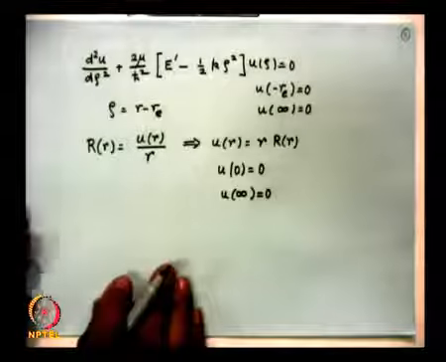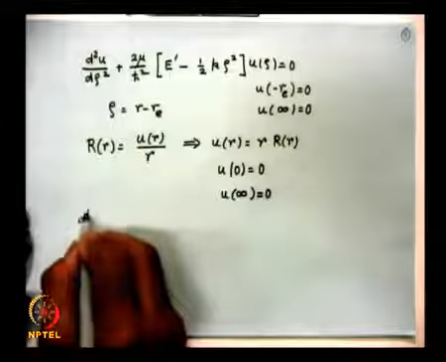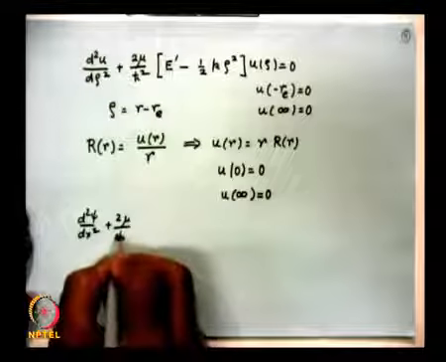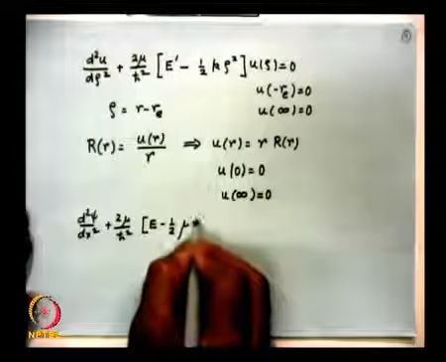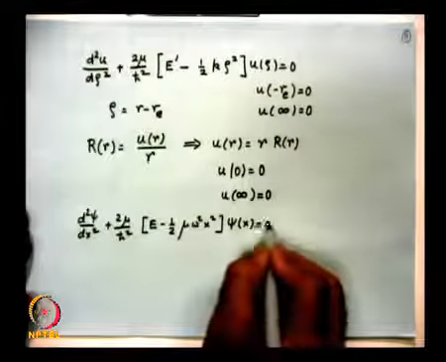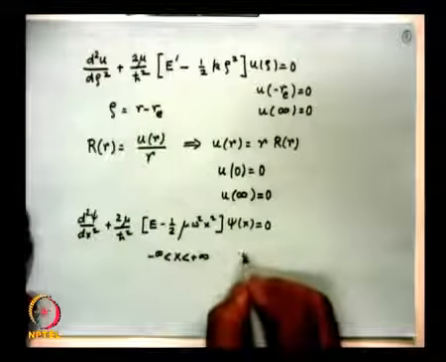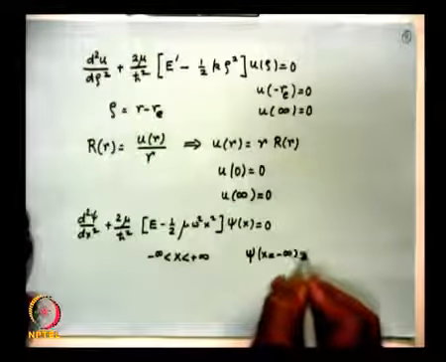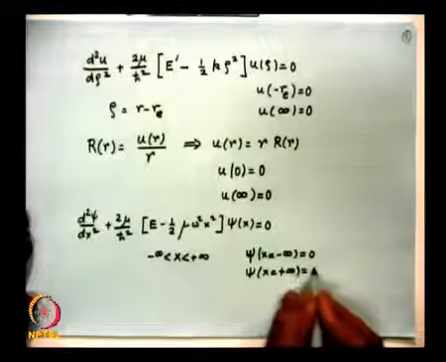Now, in the one dimensional harmonic oscillator case, d2 psi by dx square plus E minus half mu omega square x square psi of x is equal to 0, and x goes from plus infinity to minus infinity. So psi at x equal to minus infinity must be 0 and psi at x equal to plus infinity must be 0.